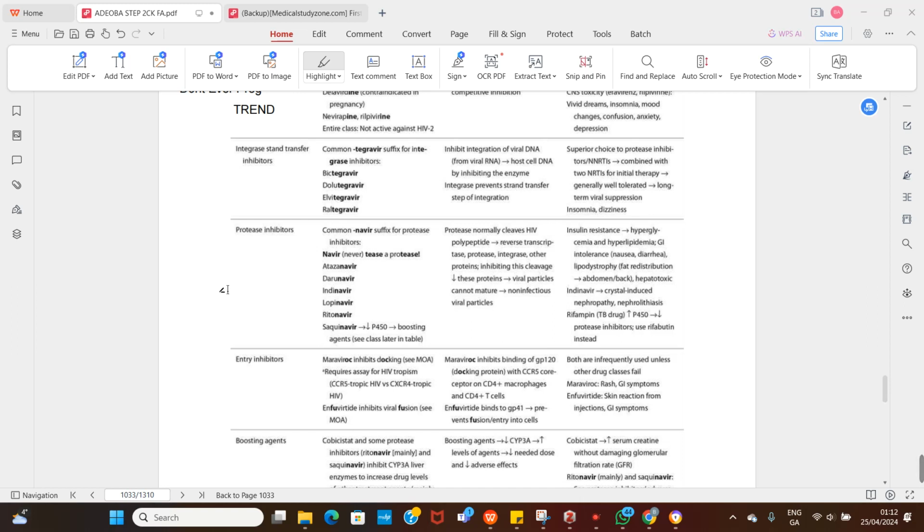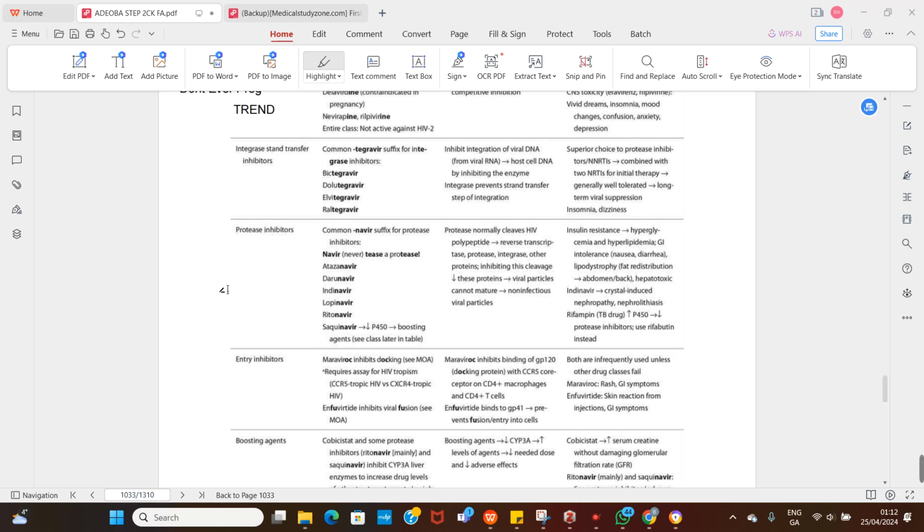The common ones that we typically see include ritonavir and indinavir. We might have heard about indinavir maybe in the renal section when we were talking about stones. It's possible. Ritonavir is also a drug that we are very, very familiar with.